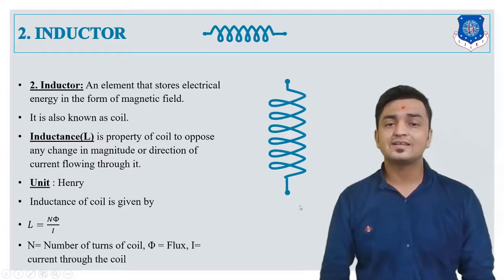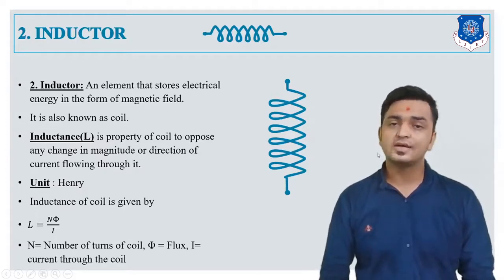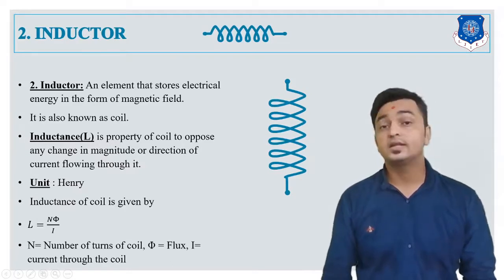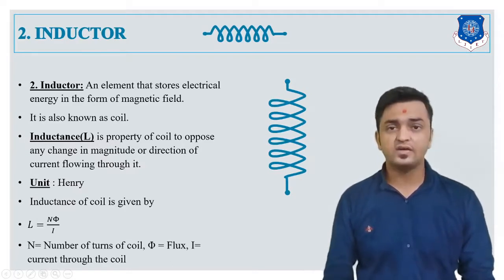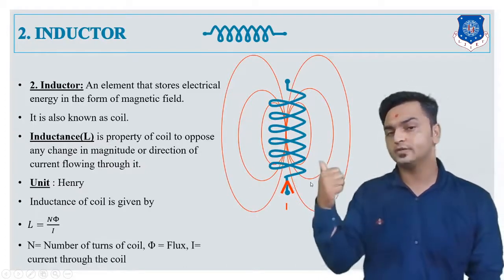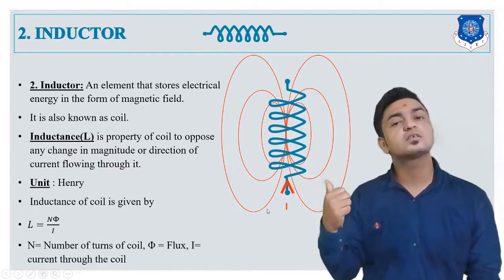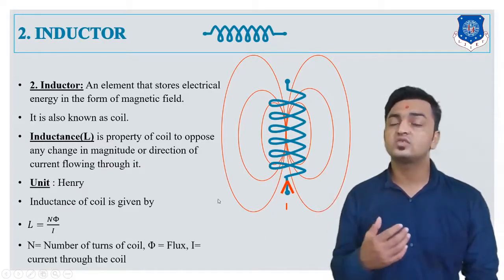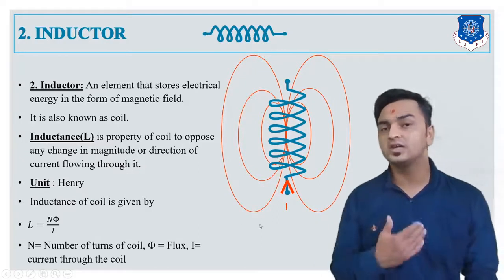Here we have considered an inductor, and if we provide current to this inductor, it will produce a magnetic field surrounding it. If we provide a current to this coil, given by this capital I, the red lines represent the field lines of this inductor.